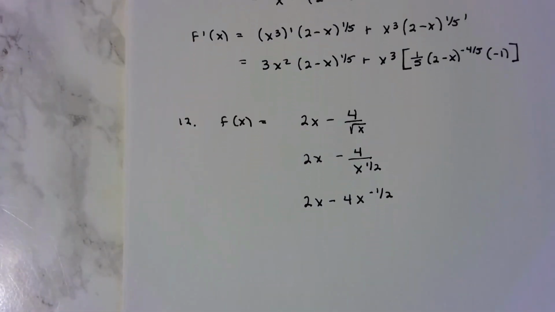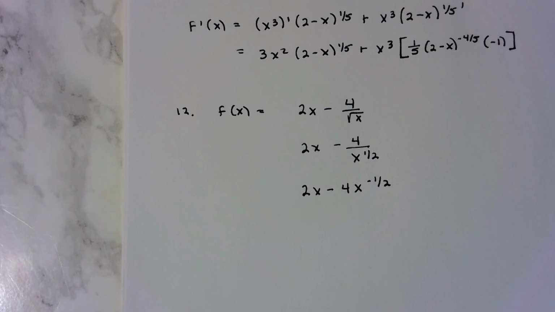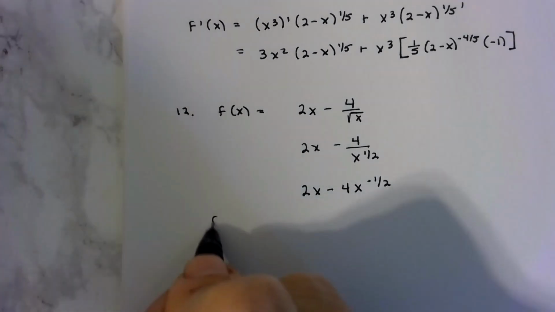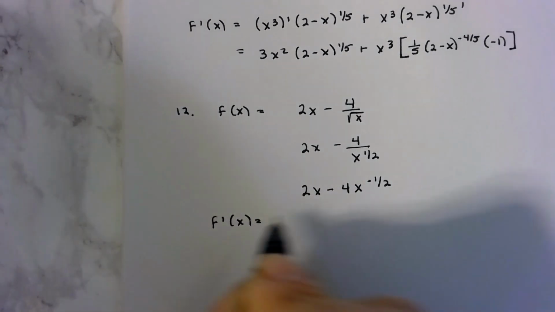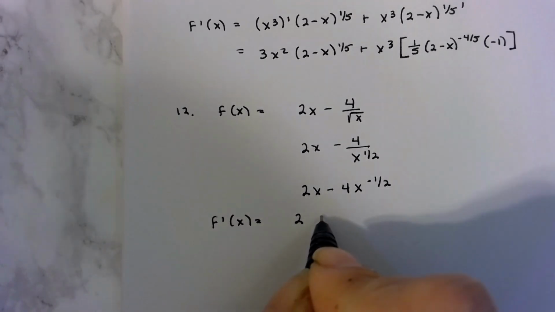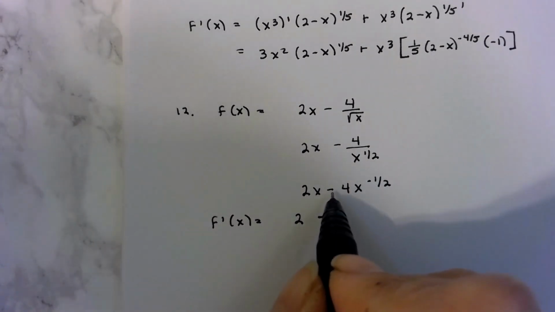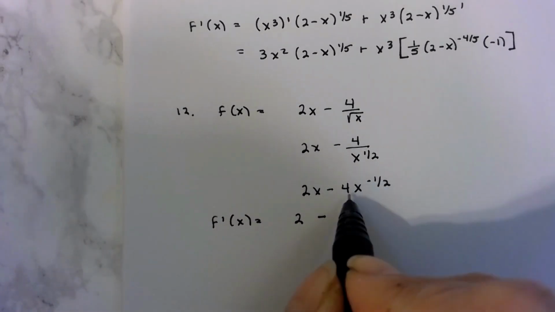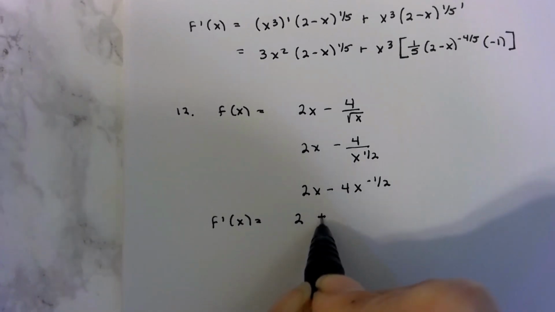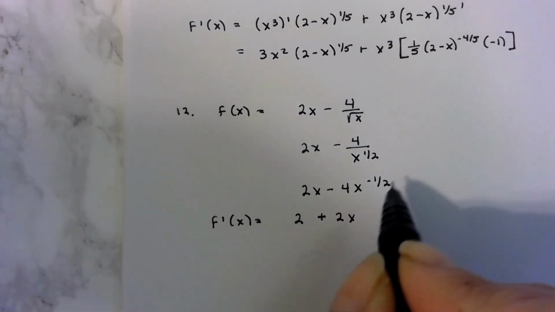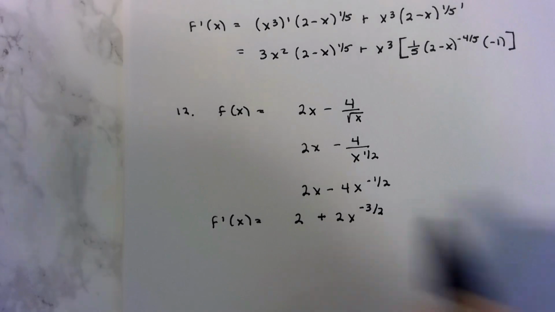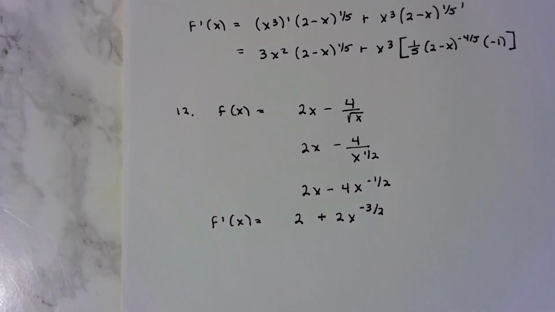It's simple enough that you're probably not going to get into trouble. So let's take the derivative. F prime of x is equal to 2 minus, now look, I got a minus 4, but I'm going to multiply by a negative 1/2, so it's going to become plus 2x to the negative 3/2. Finished.